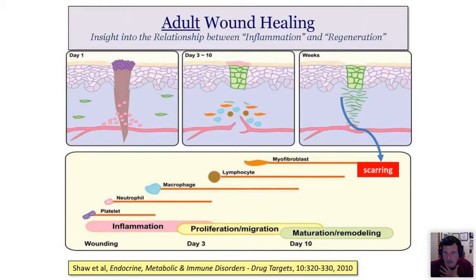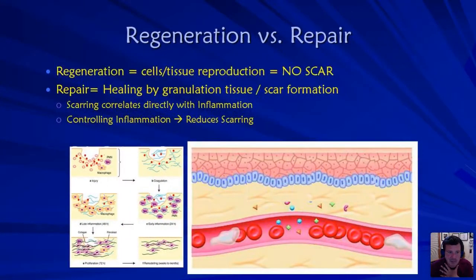And we deal a lot of times with the cornea, and we really don't want that cornea to scar. We want to deal more with a regenerative process where when you get damage to the tissue, you're getting a replacement of the original tissue rather than a scar. So one of the things I like to point out during these webinars is regeneration versus repair.